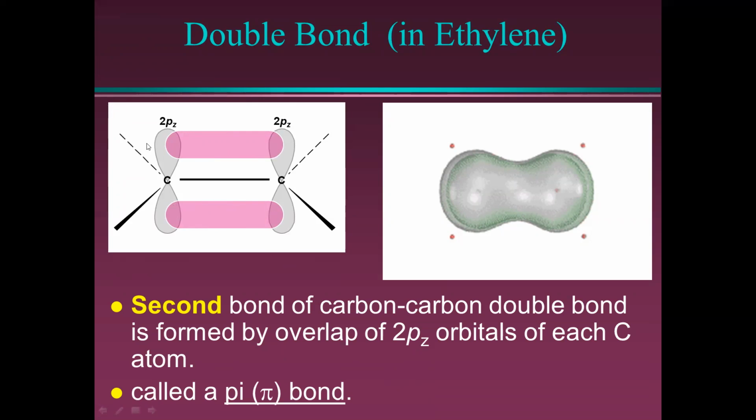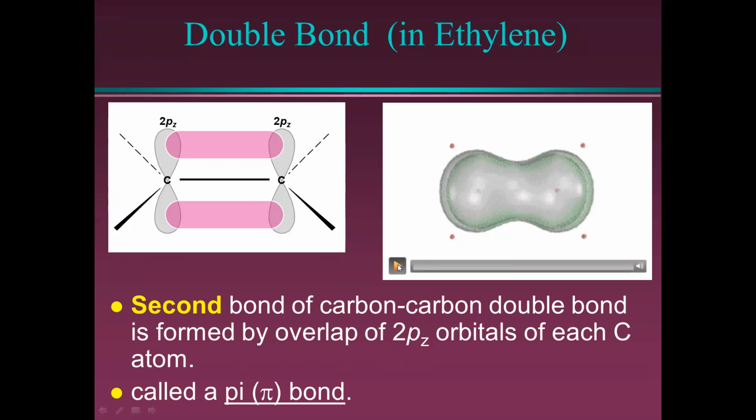If you draw a line horizontally and draw 2 vertical lines, you see it's like the letter pi. Anyway, these are names people have given. A pi orbital is a shoulder to shoulder overlap, but the sigma bond is formed by the end to end overlap of the orbitals, right?